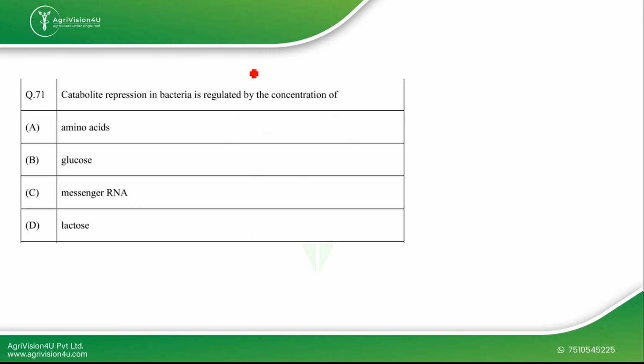Going towards the next question. The question is, catabolite repression in bacteria is regulated by concentration of what? So basically what happens in the case of bacteria, your glucose and related sugars, they repress the transcription of genes.